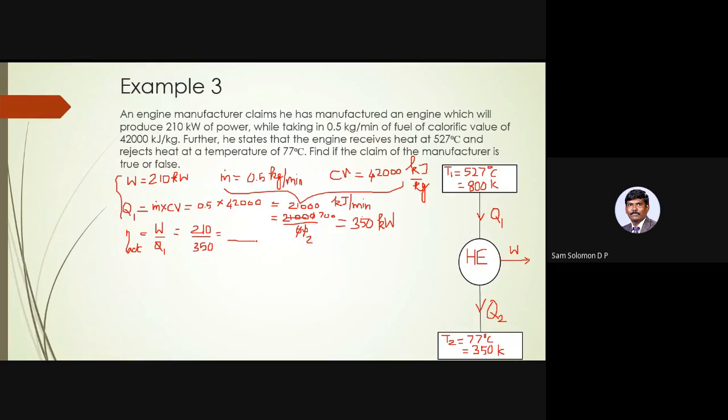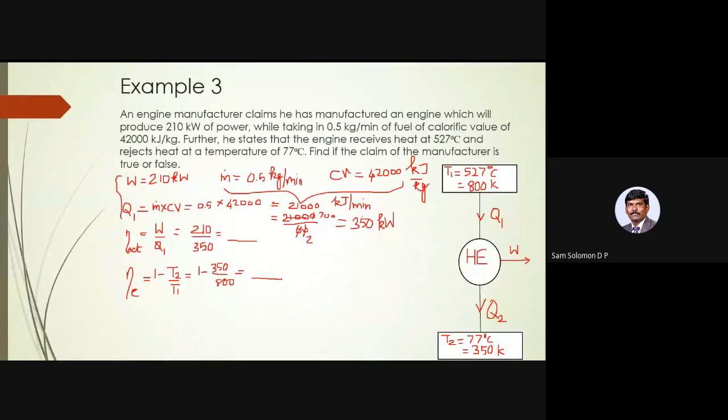Let me call this C. Which is 1 minus T2 by T1. So 1 minus T2 is 350 divided by T1 is 800. This will give you another answer.